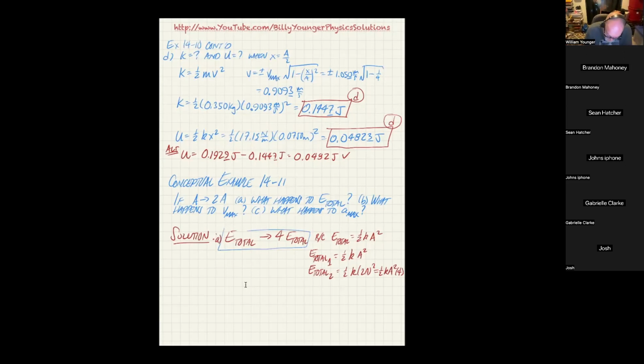Now, the other thing you need to realize, and I've already sort of given you a hint on this, basically V of t is dx over dt, which is negative omega A times the sine of omega t plus phi for any arbitrary problem. And you see that this is V max.